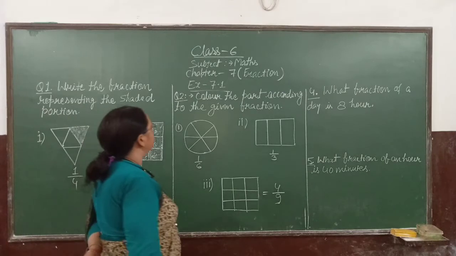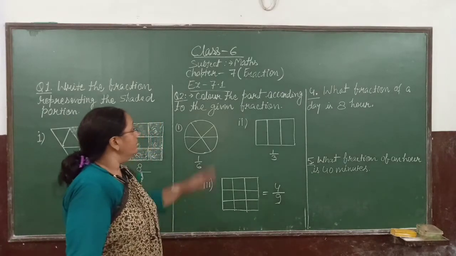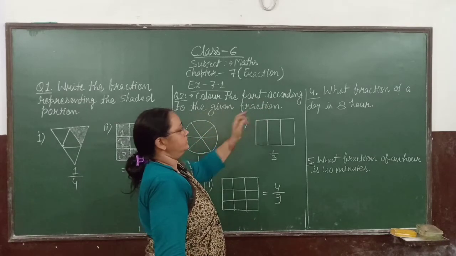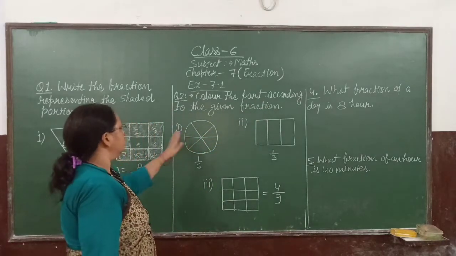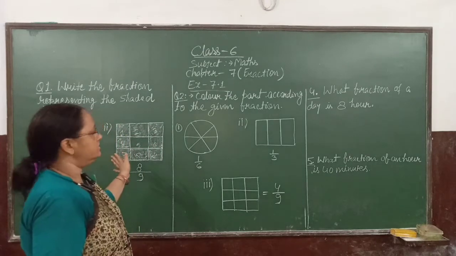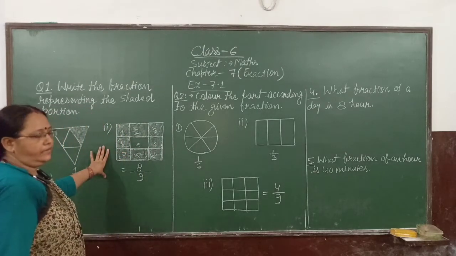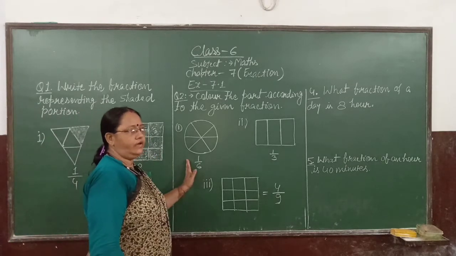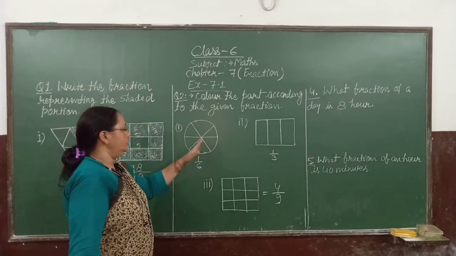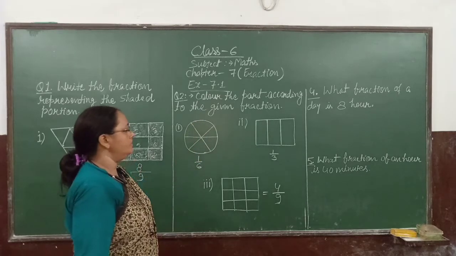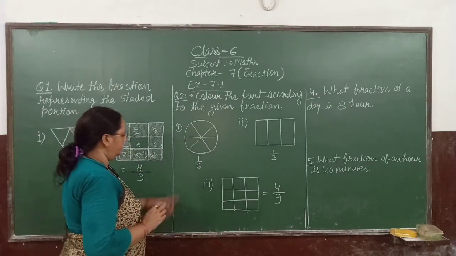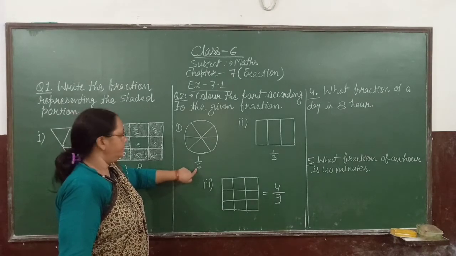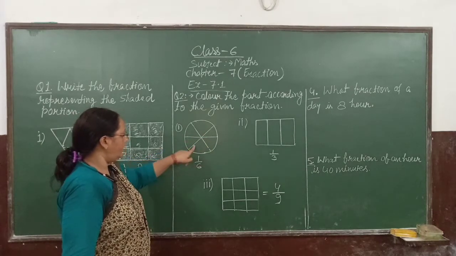Now, question number 2: color the parts according to the given fraction. Question 2 is quite different from the first. Here we had to write the fractional value, but in this question the fractional value is given and we have to shade the region. How much region do we shade? 1 upon 6 means the whole is 6 parts, 1, 2, 3, 4, 5, 6.